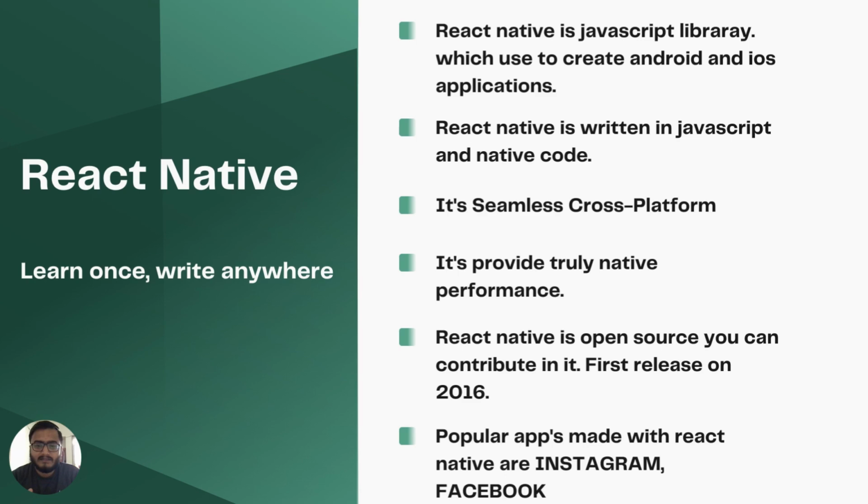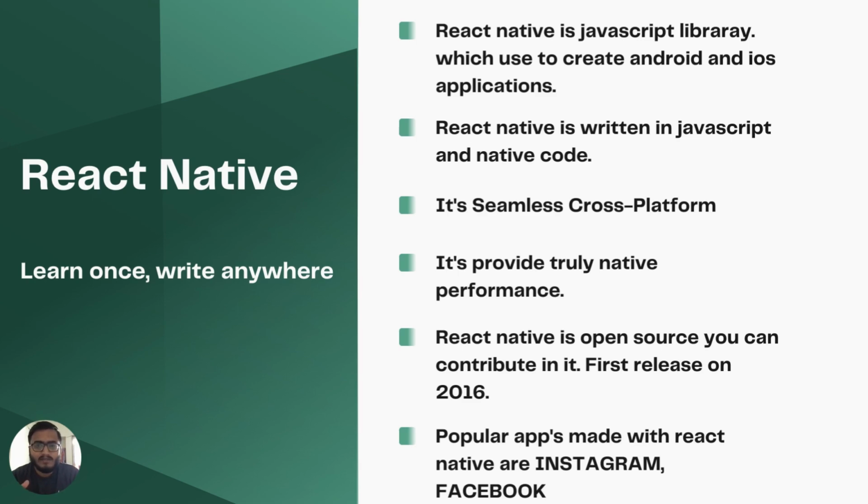The Facebook team made its first release in 2016. React Native is open source. You can contribute your own logic, as you can in any open source project, and you can also contribute to React Native.